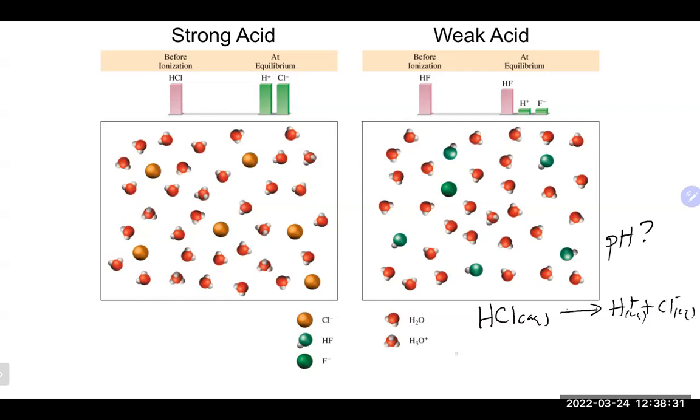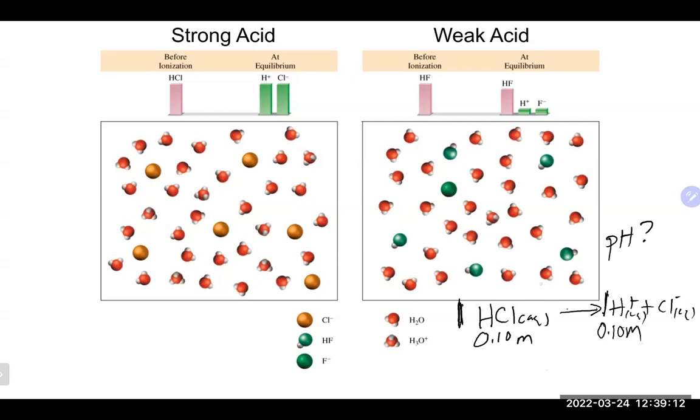Now, if I knew that the concentration of this altogether was 0.1 molar, what would be the concentration of H plus in this case? Do we know how concentration relates to individual ions if we have the whole thing? You can think of it kind of like stoichiometry. When we look at HCl, for every one HCl, we get how many H pluses? One. It's a 1-to-1 relationship, which means the concentration of H plus in this solution would be 0.1 molar.